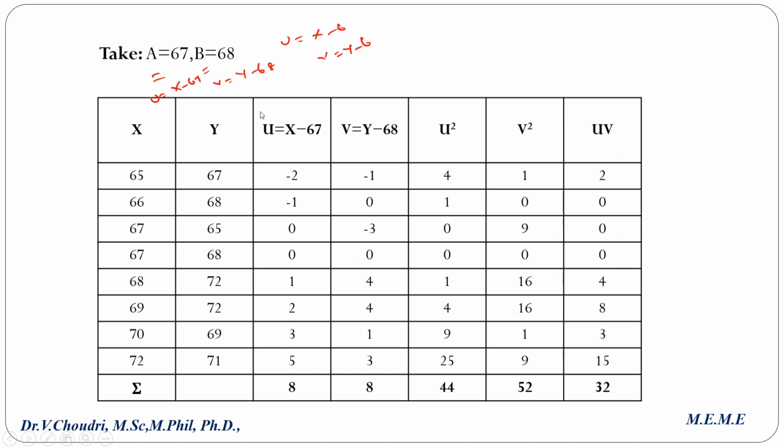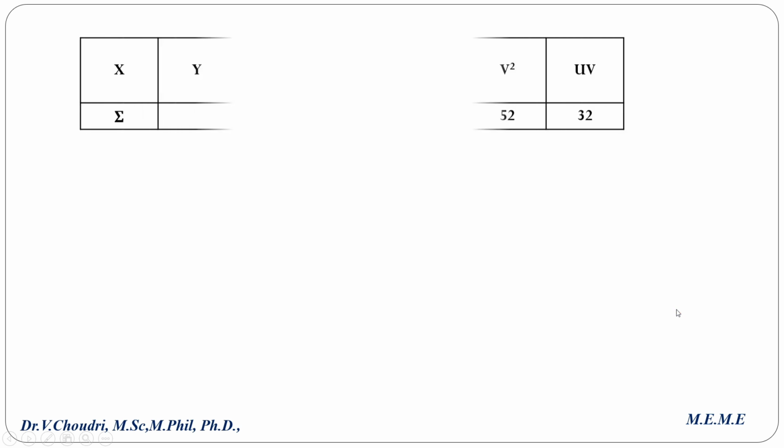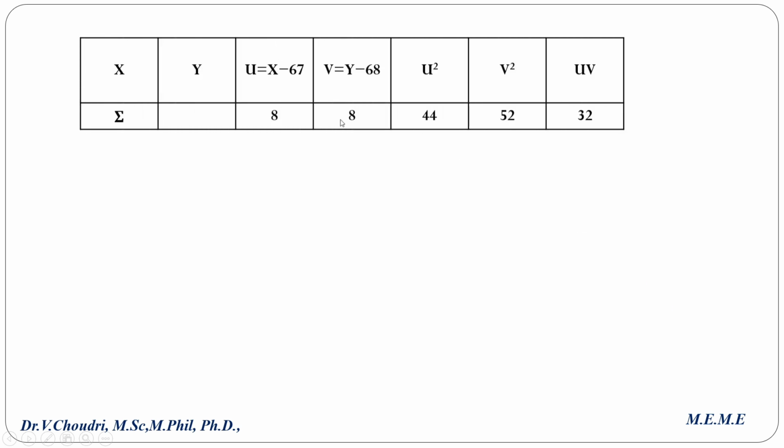Sum of all the u, answer is 8. Sum of all the v column, 8. Sum of u square equals 44. Sum of v square equals 52. Sum of uv equals 32. See the table, for our convenience. So expectation of uv equals summation of uv divided by n.